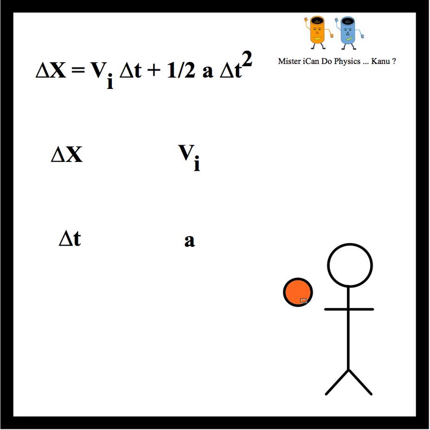So all 4 problems have a physical meaning. If we can take our problem solving checklist and identify which of these we're trying to find and what we know about the other variables, then we can solve the problem. We'll look at each case, finding delta x, v sub i, delta t, or a separately.